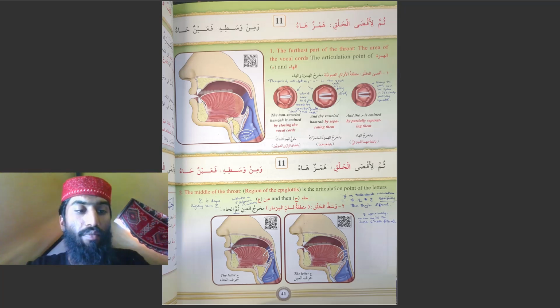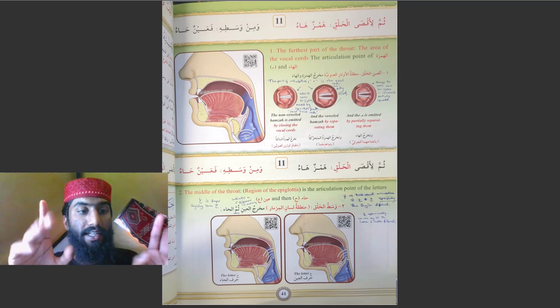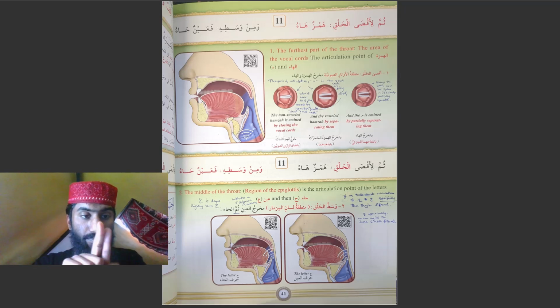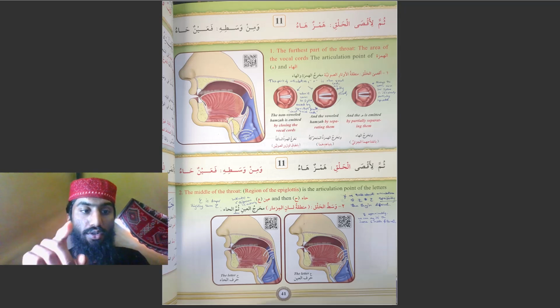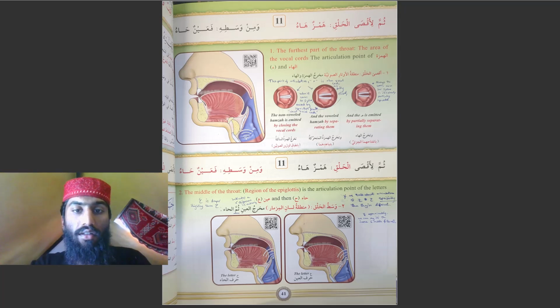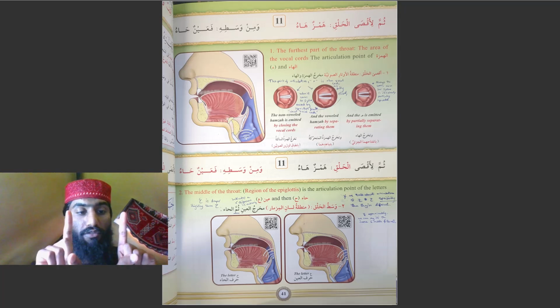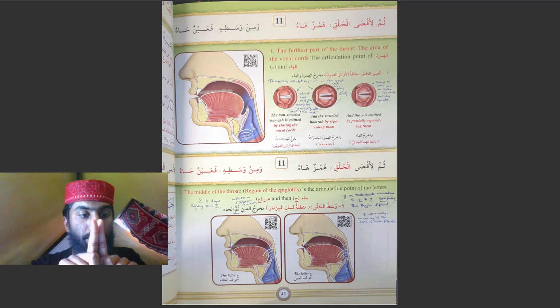As we said before, the harakat are by separation of two organs, and sukoon is by collision. So if you can imagine any of the organs, they would collide in sukoon. Just the same as here in the vocal cords. The vocal cords collide to one point to make the sound for Hamzah as sukoon.